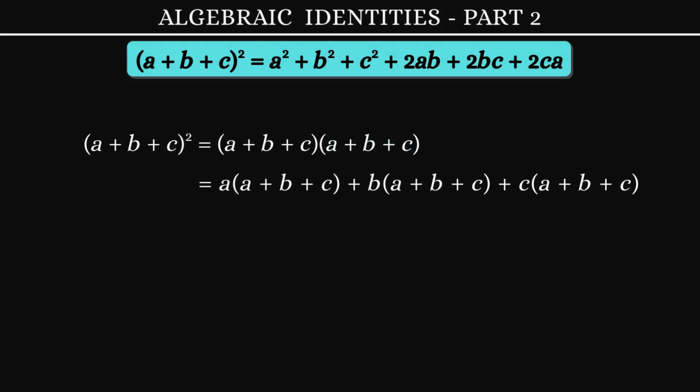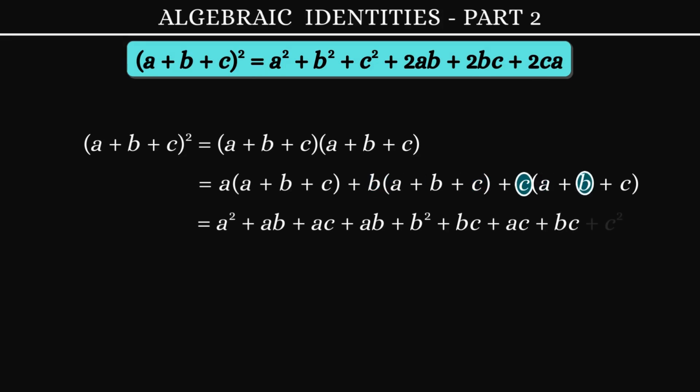What we have is a squared plus ab plus ac plus ab plus b squared plus bc plus ac plus bc plus c squared. Now, if you see closely, there are some like terms.